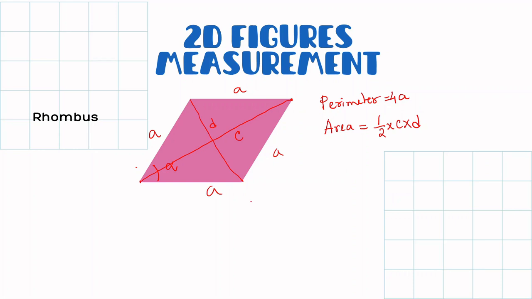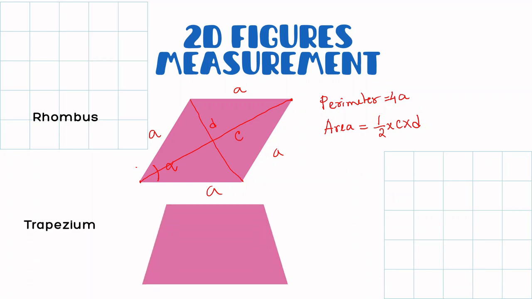Now we will know about another shape which is called trapezium. Here you see that for trapezium these two opposite sides will be always parallel to each other, and the other two opposite sides will not be parallel to each other.